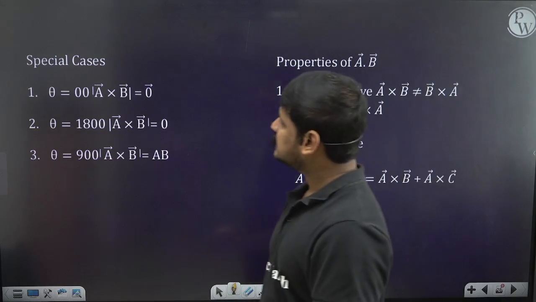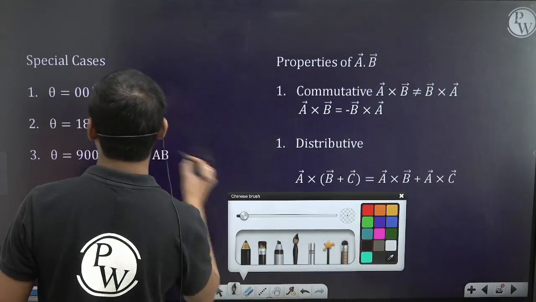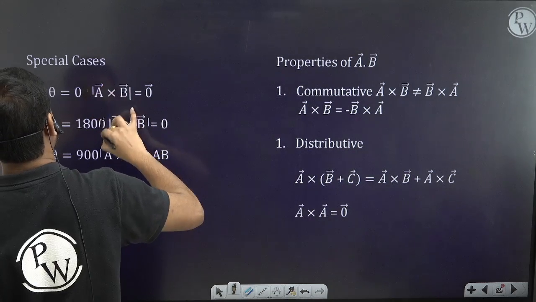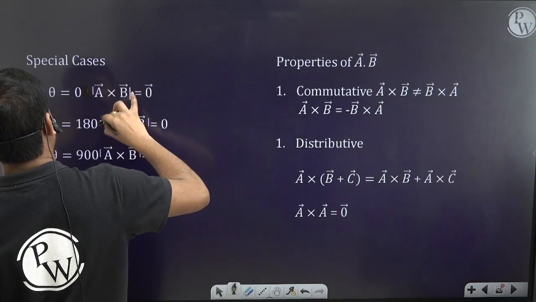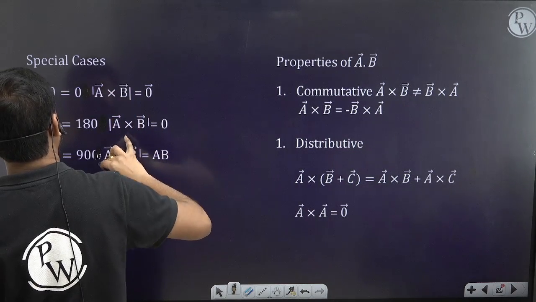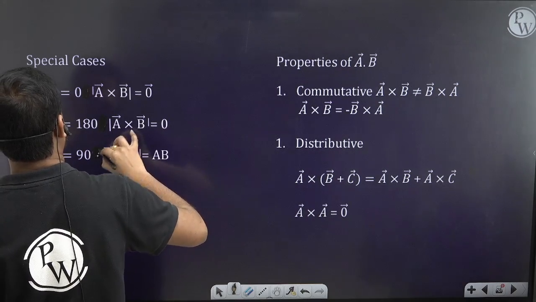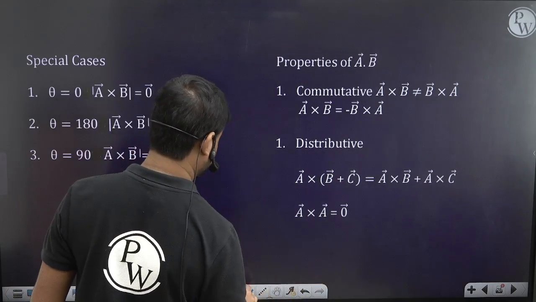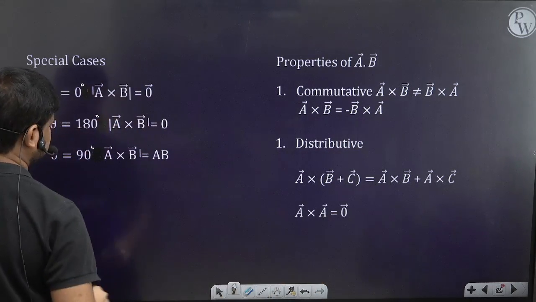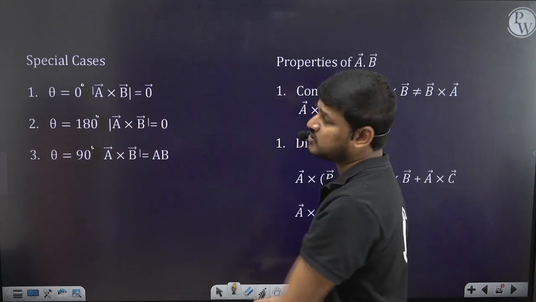Chalo. So again the special cases. Here there are printing mistakes, guys. This is 0 degrees. This is 180 degrees, not 1800. And this is 90 degrees. So if the angle between the two vectors is 0, their cross product will obviously be 0.